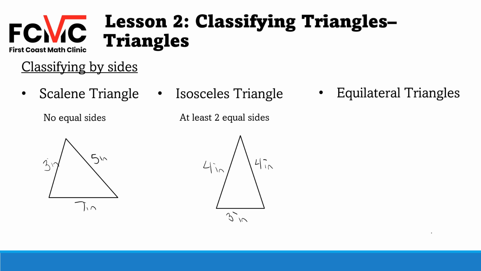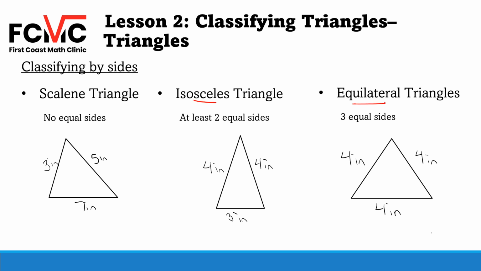Next type of triangle classifying by sides is going to be equilateral, which is going to be 3 equal sides. So it looks something like this. So we could have 4 inches, 4 inches, and 4 inches. Now let's just compare isosceles triangles to equilateral triangles.